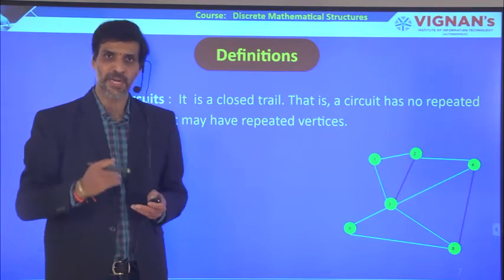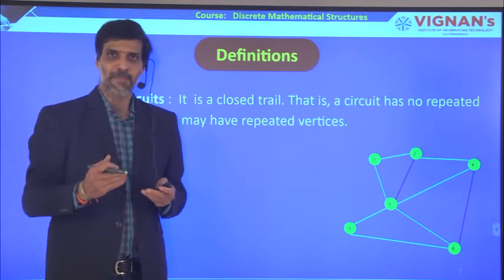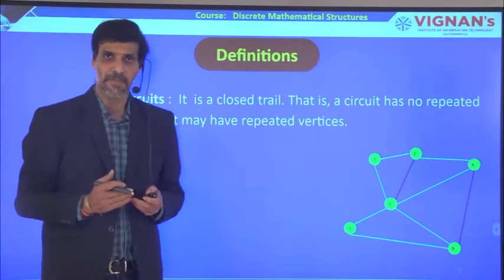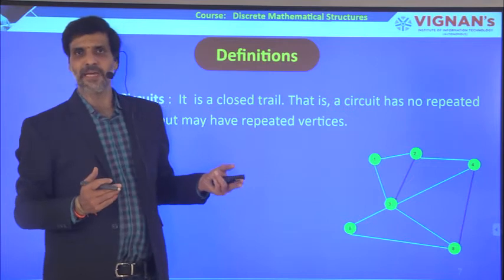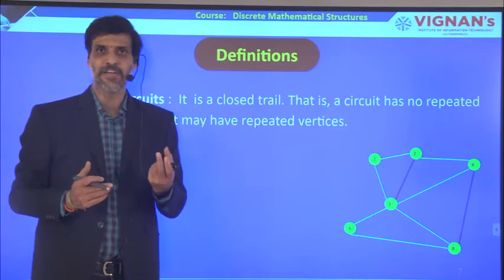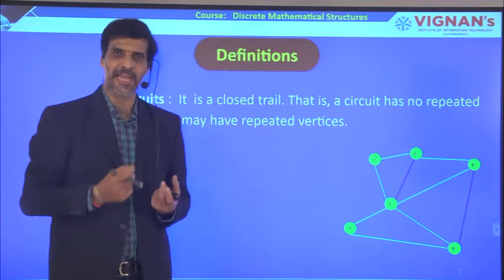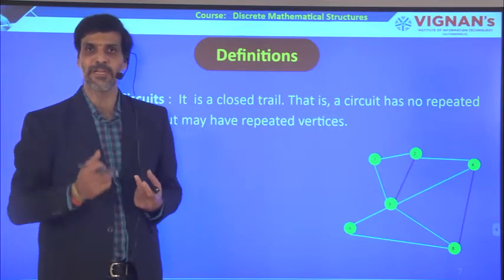But coming to the circuit, here also the start and end vertex may be the same. In a cycle, the intermediate vertices we traverse, other than the start and end vertex, should not be repeated.